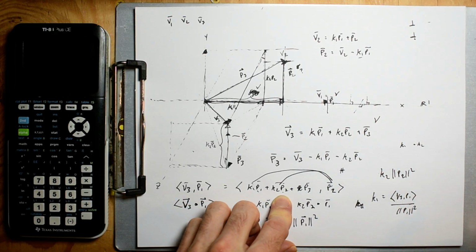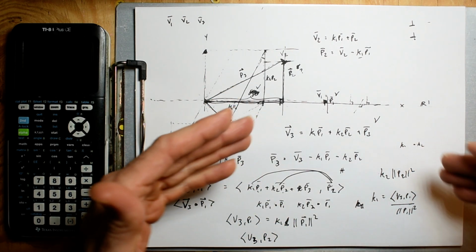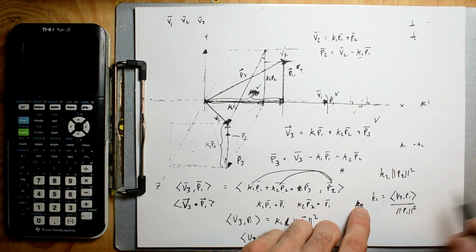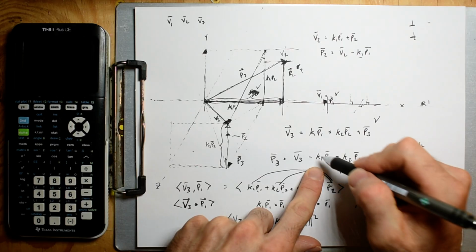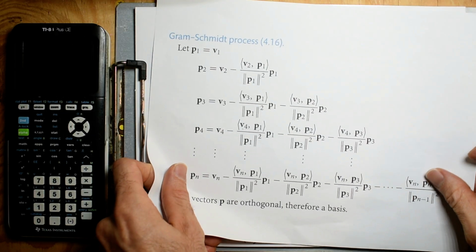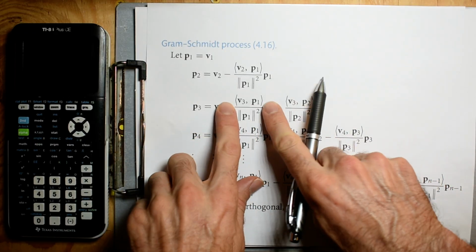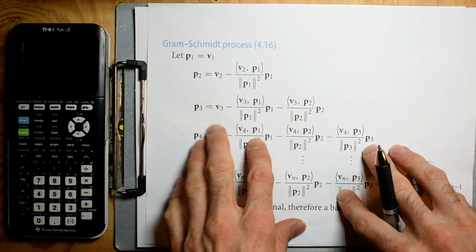We got 20 seconds, so I didn't do it in 10. Maybe we'll try again. But then you're going to throw those values into this equation for K1 and K2, and that's going to be your answer. And then in 9 seconds, here it is. This value is K1, this is K2.